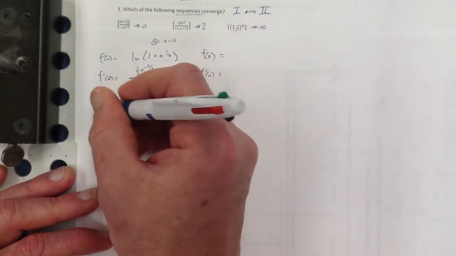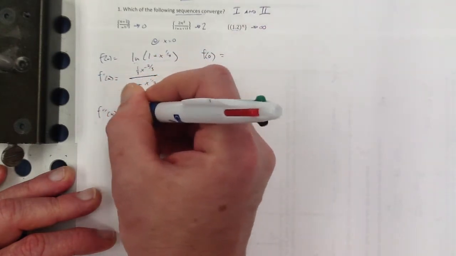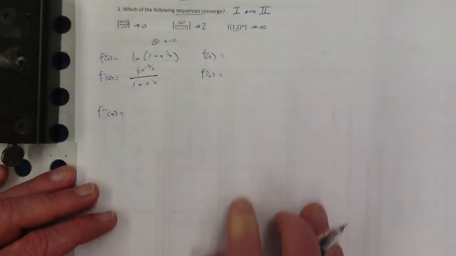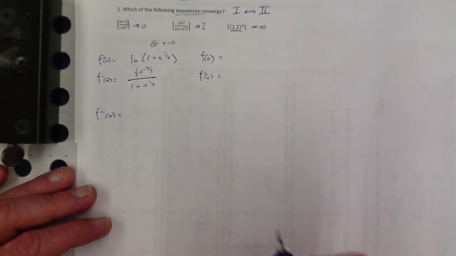And then the second derivative, maybe I'll go as far as this. I don't know if I want to take another derivative after that. I'm going to have to use the quotient rule for this.